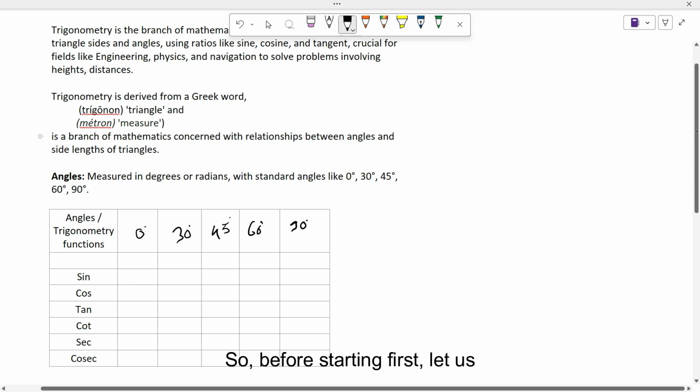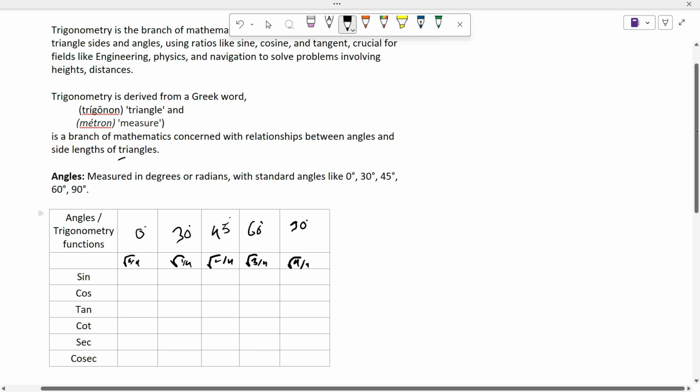So before starting, let us take a square root in every column of this first row, and let us take the values 0, 1, 2, 3 and 4, and let us take the denominator as 4 in all, like this.